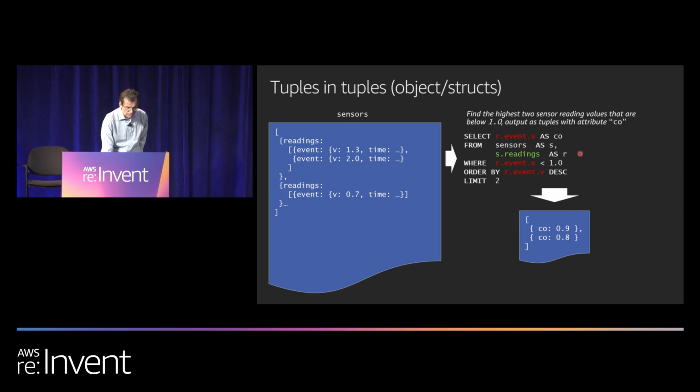But now, notice also the red parts, where now I'm saying r.event.v. So I'm basically walking through the nested tuples in order to get to the V, following an easy to use dot notation, right?